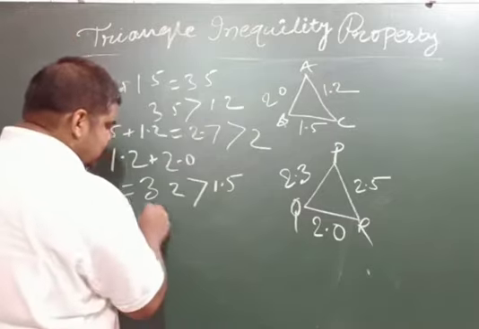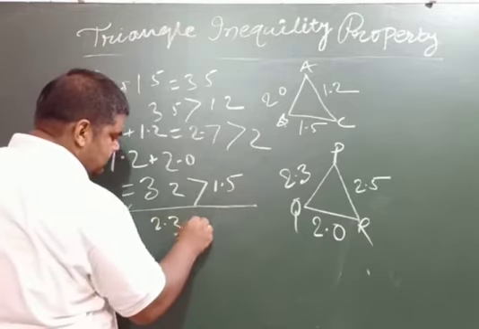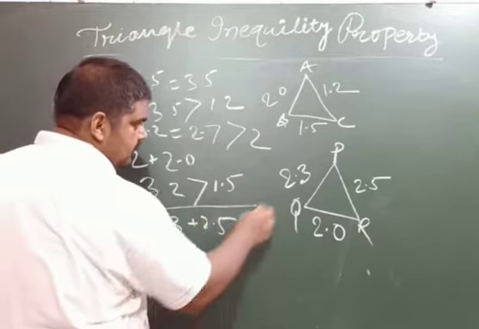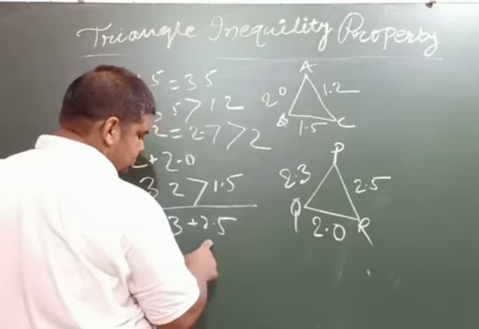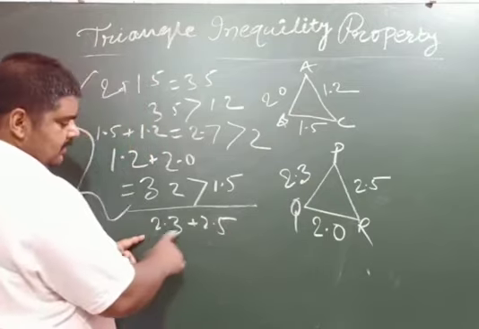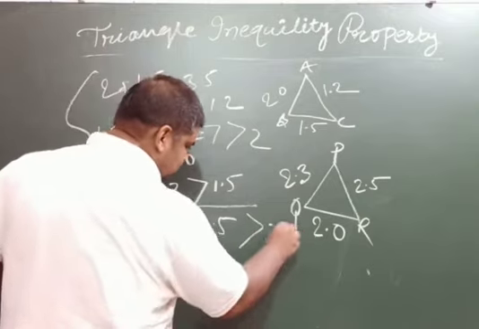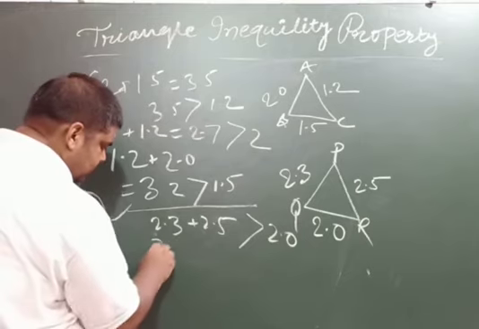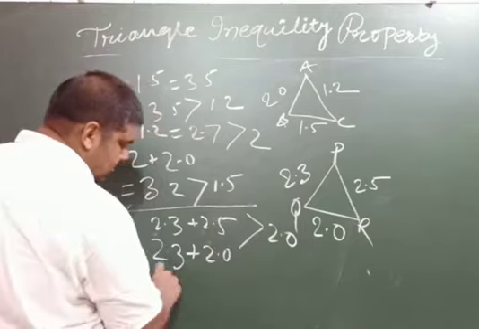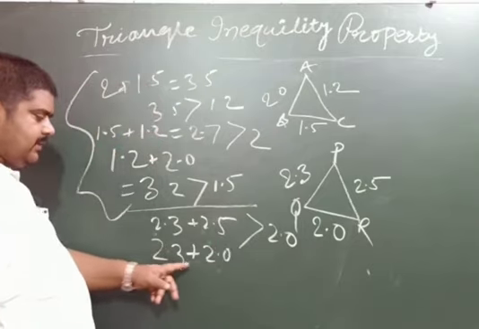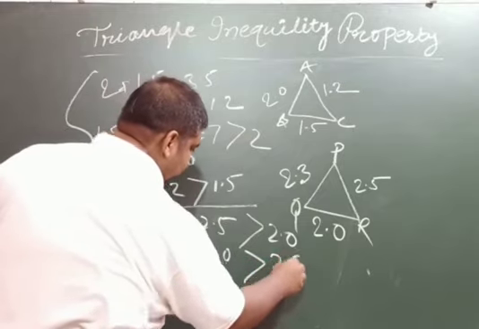In the second case, similarly, check 2.3 plus 2.5, the sum of these two is 4.8, and it is greater than 2.0. Similarly, 2.3 plus 2.0 is 4.3, and it is greater than 2.5.